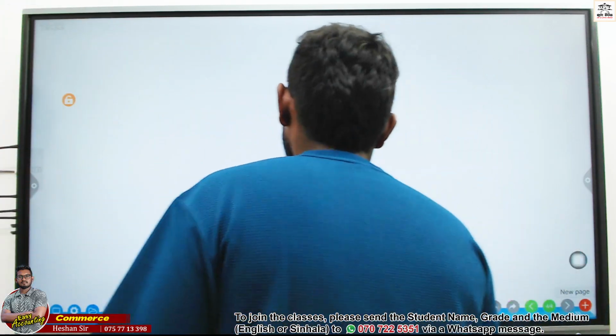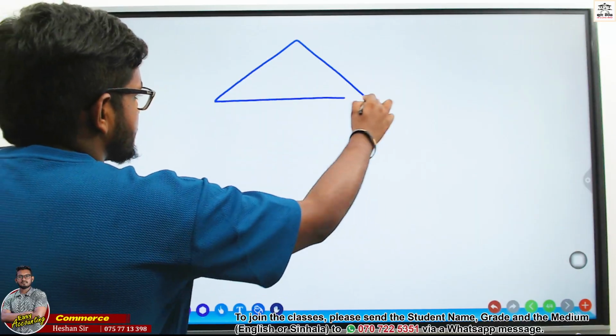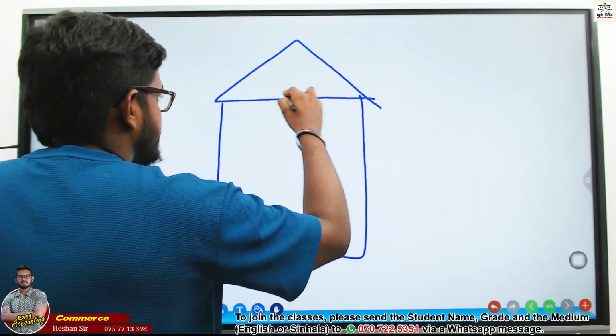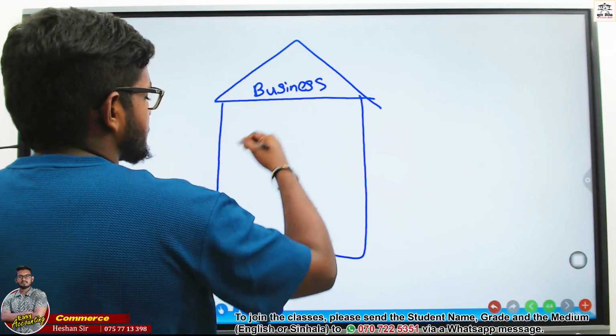Look here. I'm going to draw a business in here. This is my business. Our business is a car sale.